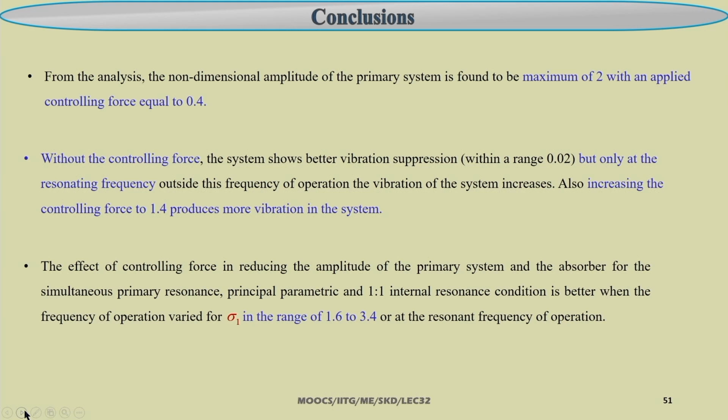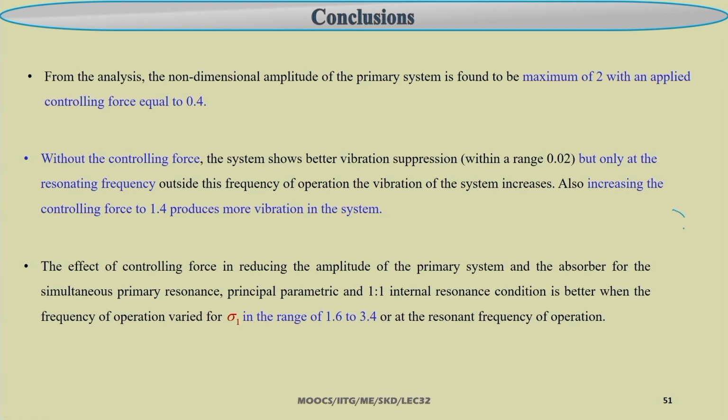The effect of controlling force in reducing the amplitude of the primary system and the observer for the simultaneous primary resonance, principal parametric and 1:1 internal resonance condition is better when the frequency of operation is varied for sigma 1 in the range of 1.6 to 3.4, or at resonant frequency of operation.